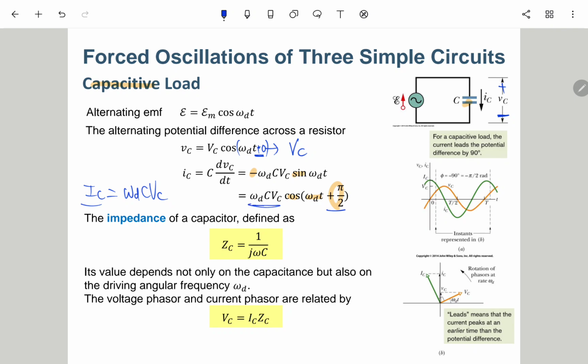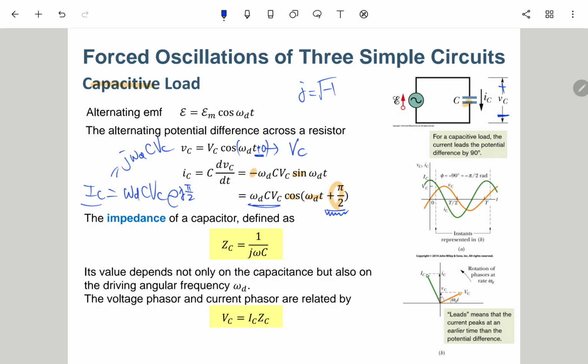This part is the original magnitude, and then we need to include this phase, exponential to I pi over 2. What is exponential to I pi over 2? It is actually I or J. Remember that J is square root of -1. So this is nothing but J omega d C VC.